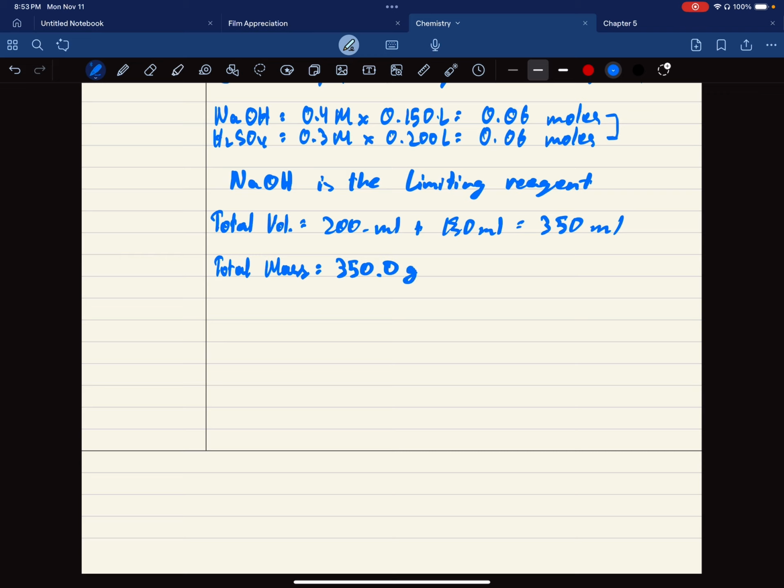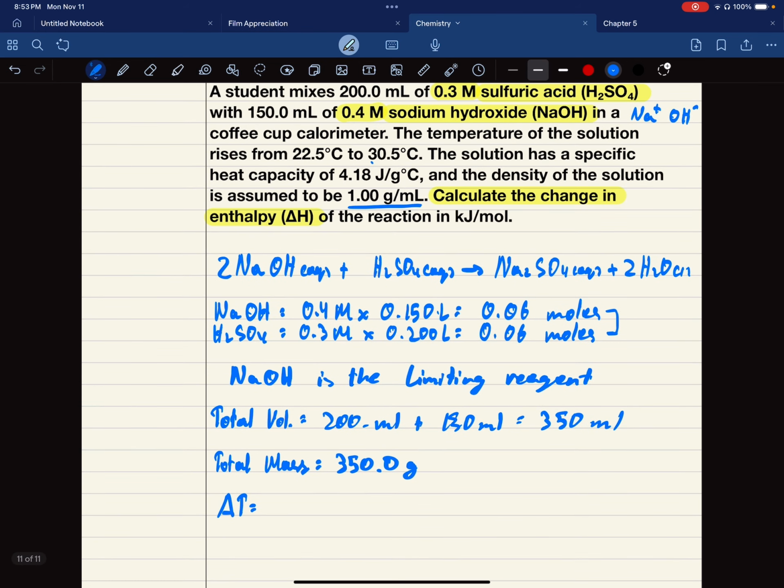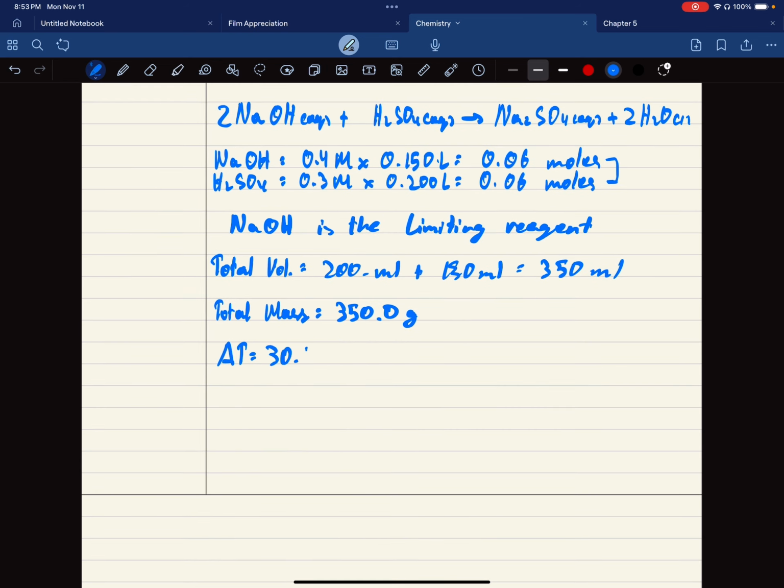And next, we're going to find out the change in temperature, which is 30.5 minus 22.5. That gives us 8 degrees centigrade.